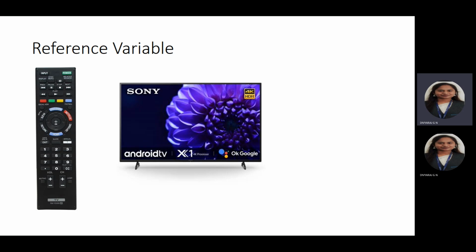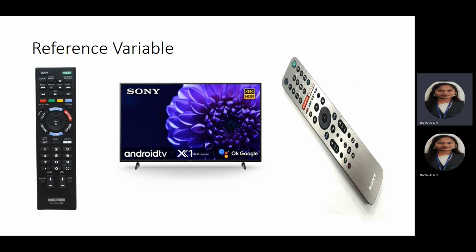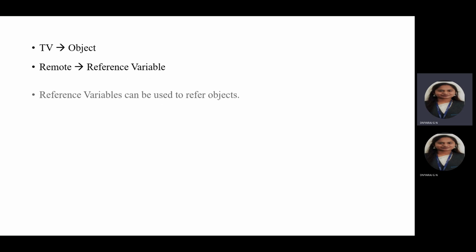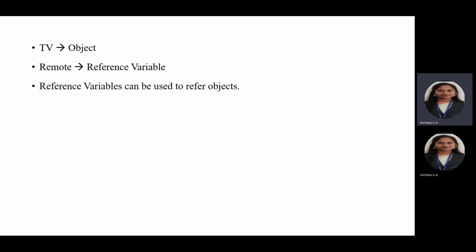If this remote is lost, then you can buy a new remote, and once after buying a new remote, if you find the older one, so then you will not throw both, so you will use it. Okay, in the same way, TV is an object, both the remote controllers are the reference variables. So here TV is an object, remote is a reference variable. Reference variables can be used to refer objects, access objects, any way you call it.